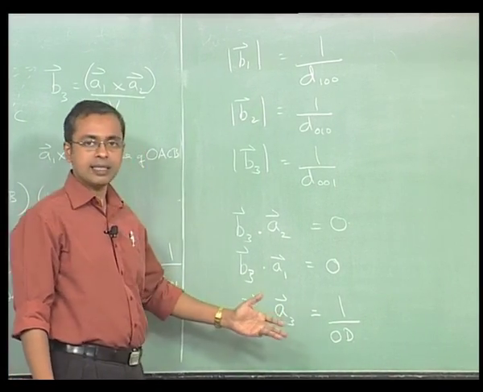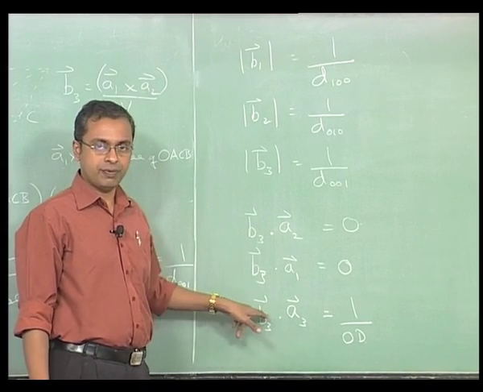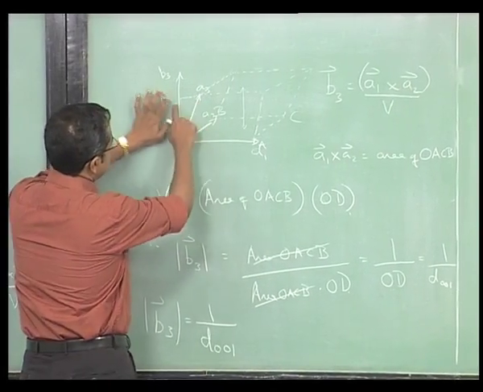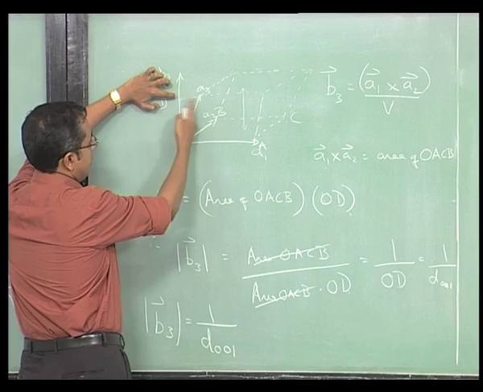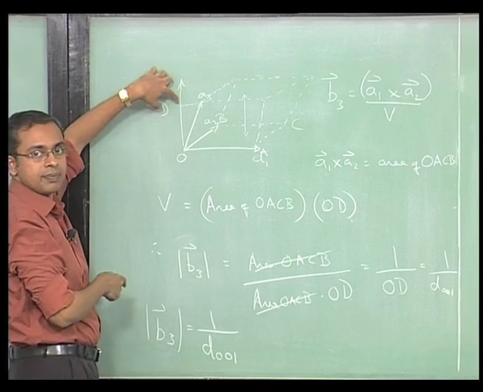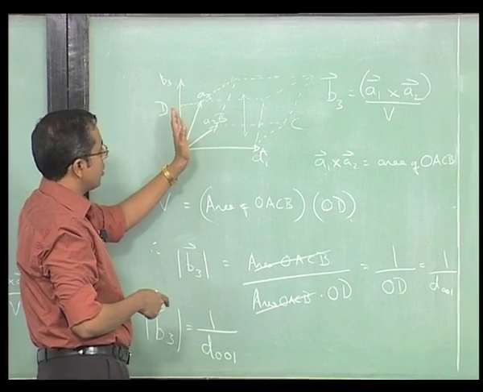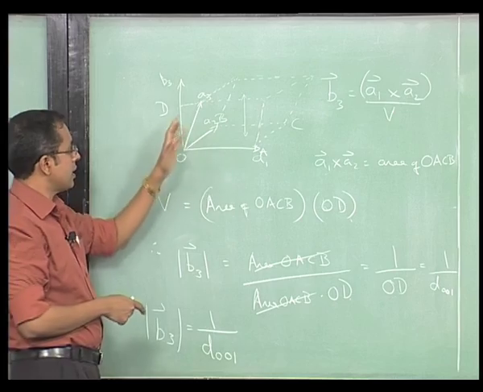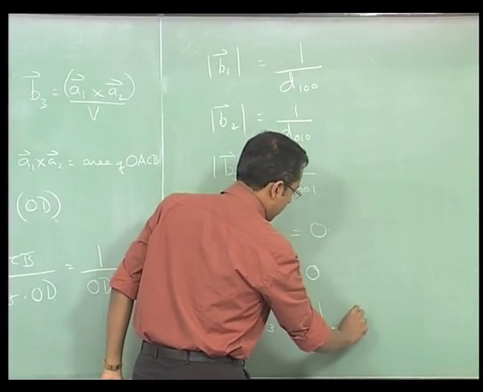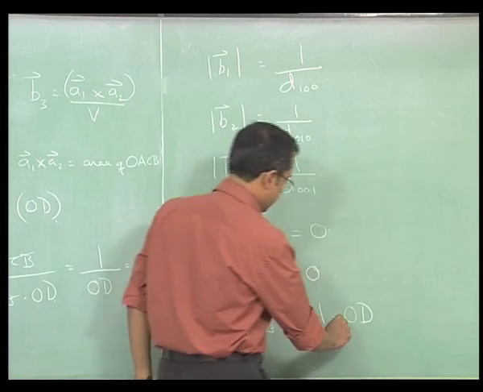When you do a dot product, that is basically what it is, one vector times the projection of the other vector on itself, okay. So what is the projection of A3 on B3? The projection of A3 on B3 is OD as shown in this diagram, fine. So the A3 that we are having in that dot product simply works out to OD, so this projection will become OD, okay. So therefore this is equal to 1.